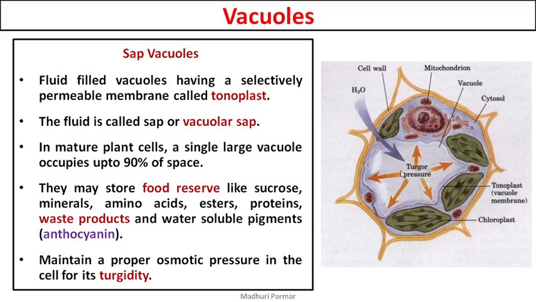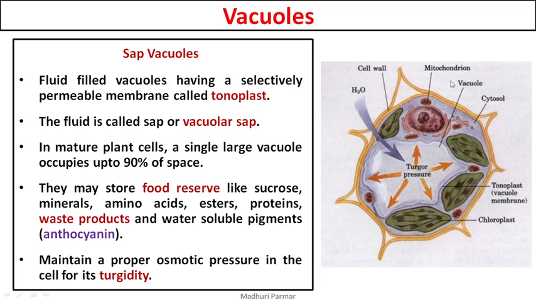And finally, the main part is they maintain osmotic pressure in the cell, and they maintain the cell's turgidity. Remember when we discussed endosmosis, exosmosis, plasmolysis. When plasmolysis happens, meaning outside the cell there is hypertonic solution, the water will start moving outside.